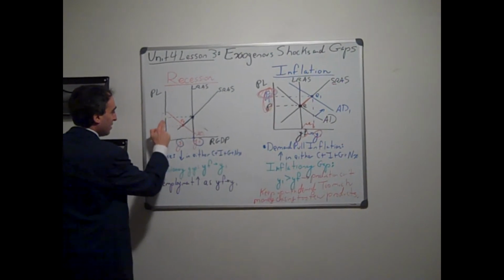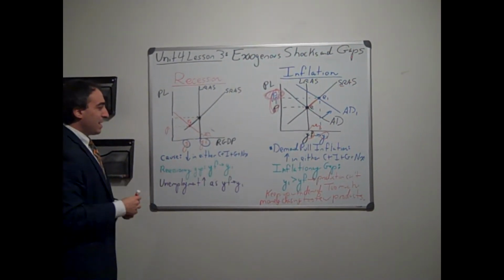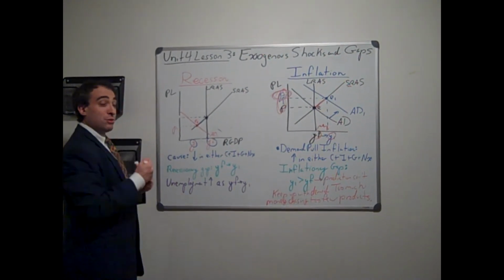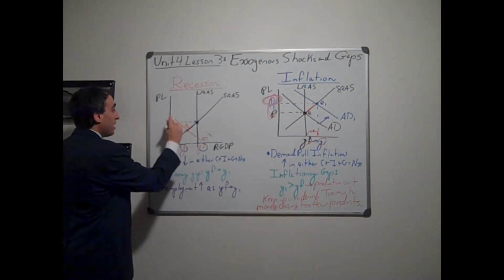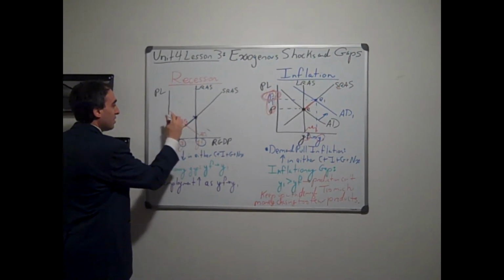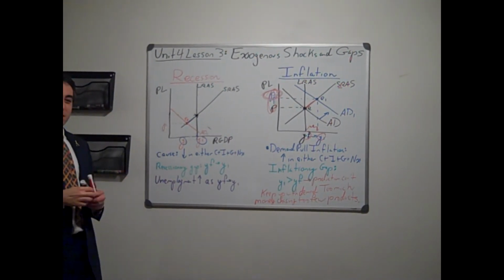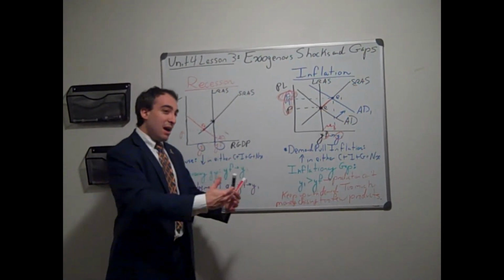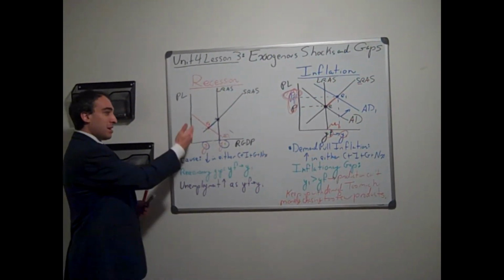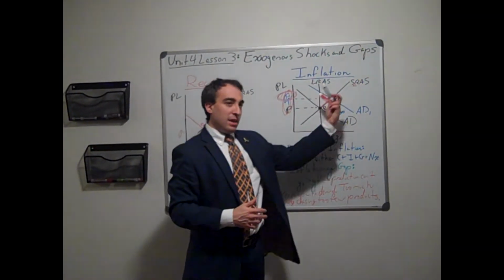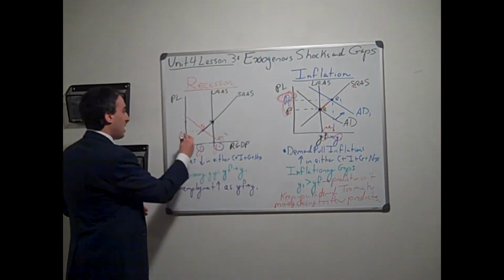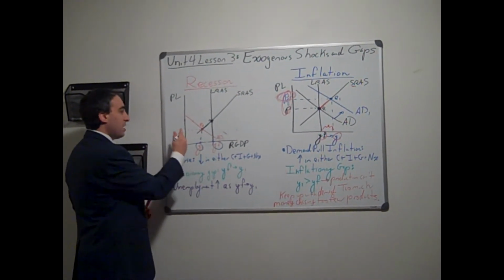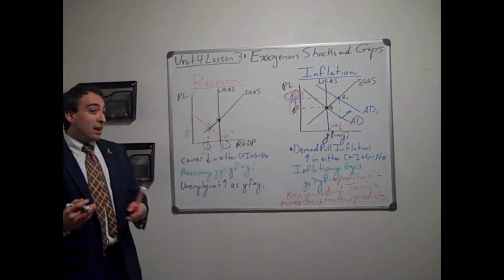It might tell you to draw Y1 or P1. So if the question said something happened, illustrate where we are now, then you would draw whether we are in a recession or in inflation. So be careful, and then you would keep the YF, show where we should be, Y1, P1, or maybe they'll just tell you draw Y, draw P.